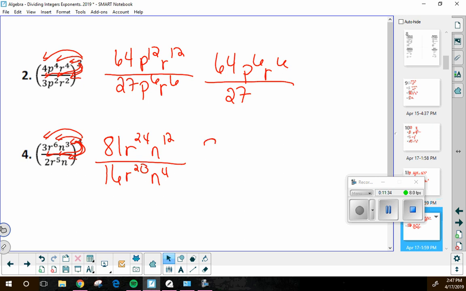That's okay. That's going to be 24 minus 20, r to the 4, n to the 8. Wow, that looked so complicated, and then we don't want to forget our 16 on the bottom. Turned out to be kind of easy.